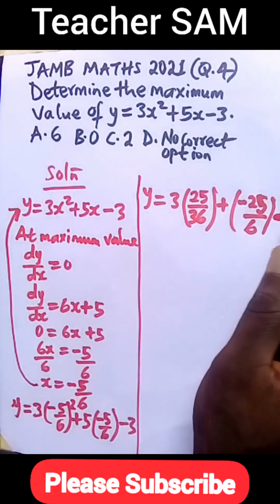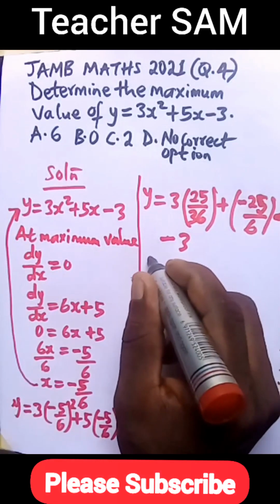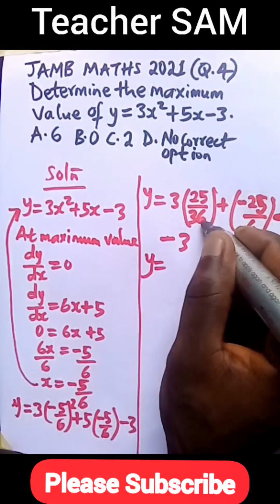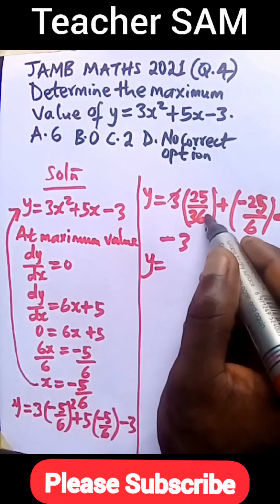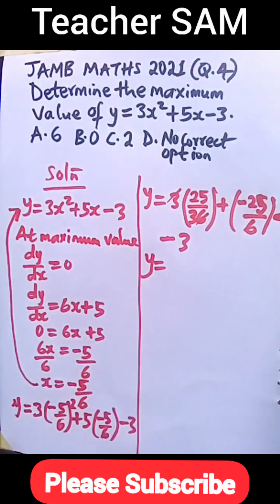Let me bring it over here, minus 3, so that it will be visible. Now, you'll be surprised how I got this. Well, what I did was to multiply 5 by minus 5. I still want to maintain that bracket. So at the end of the day, our y becomes 3 times, okay, 3 can actually divide this 36, so 3 will go into 36 and that will be 12.